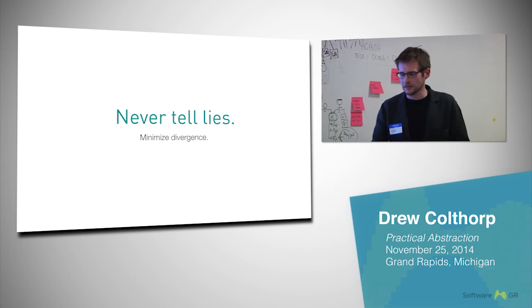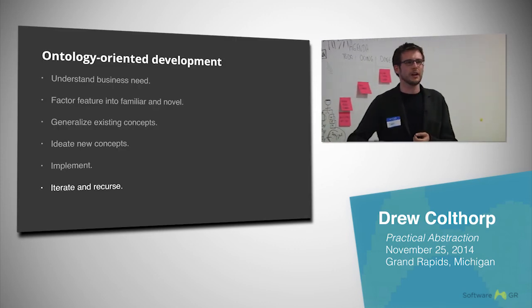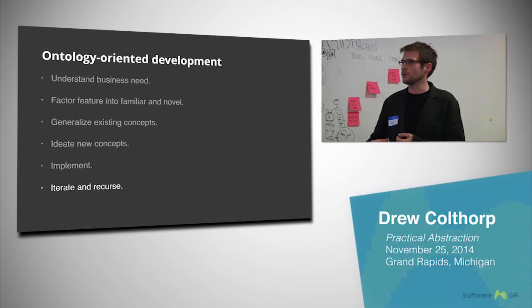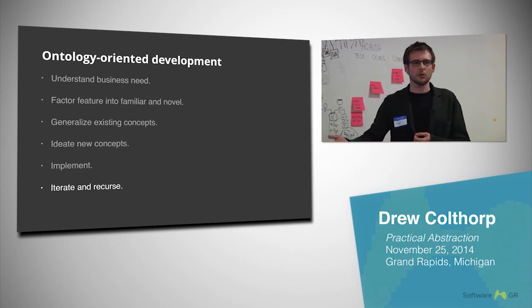And then we iterate and we recurse and we keep trying to improve things and we keep looking for hints of expressing a concept awkwardly in code. Maybe that's a sign that we need to rethink some higher level concepts. Or we're tackling a new feature. Maybe we need to go back and rethink things.